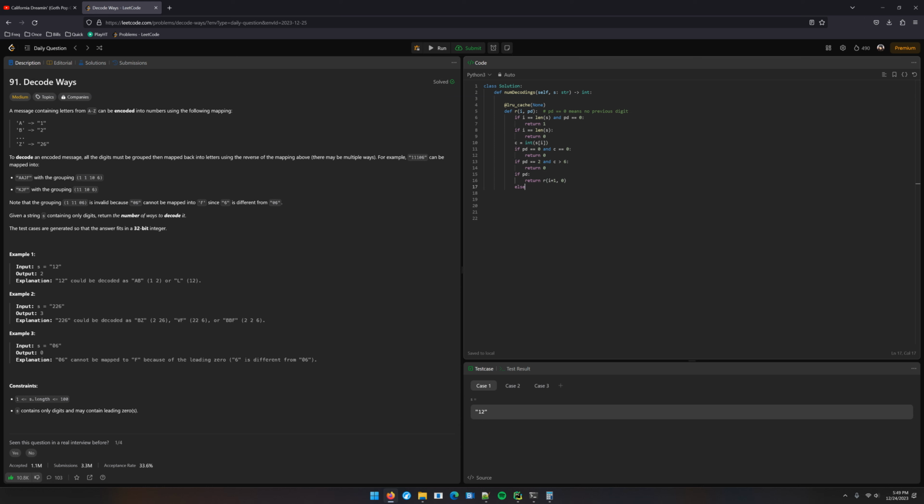Now let's do else if 1 is less than or equal to C is less than or equal to 2, then we have 2 choices. Choice 1 is going to be that it's a 1-digit number. Well, if it's a 0, then there's nothing that we can do.